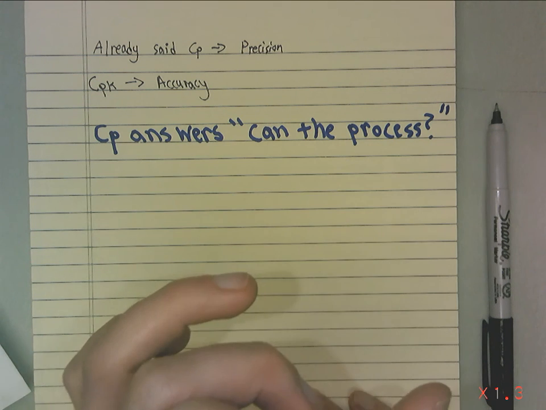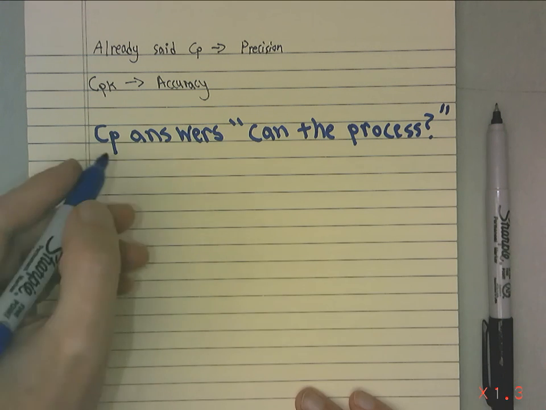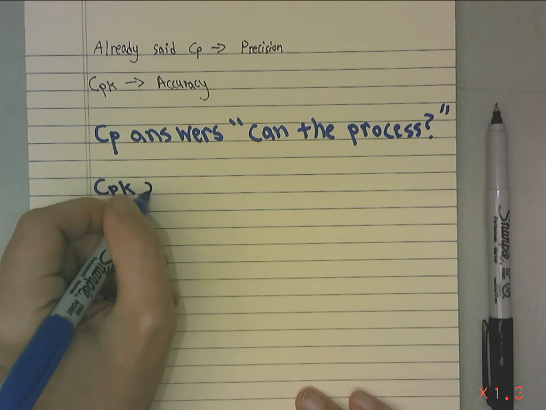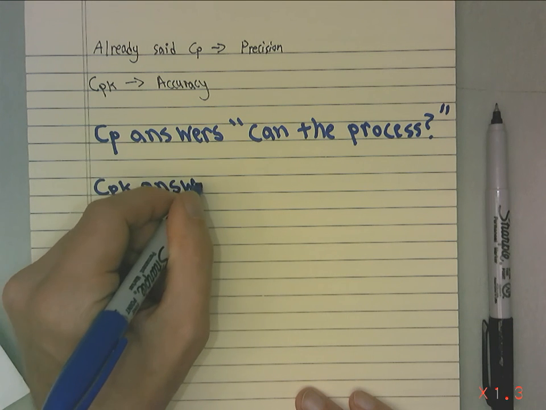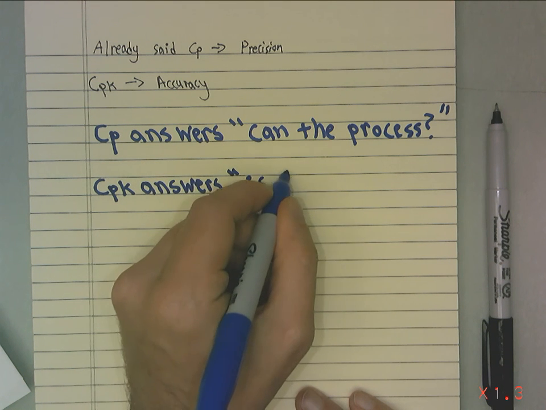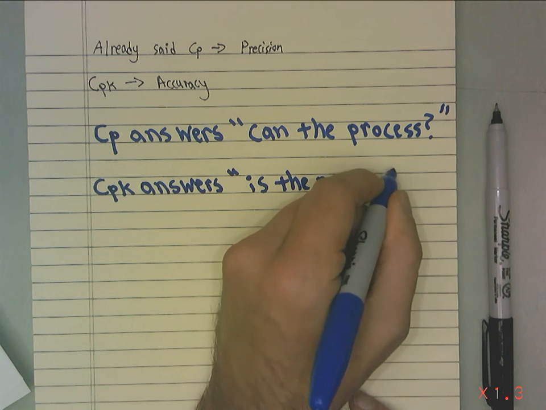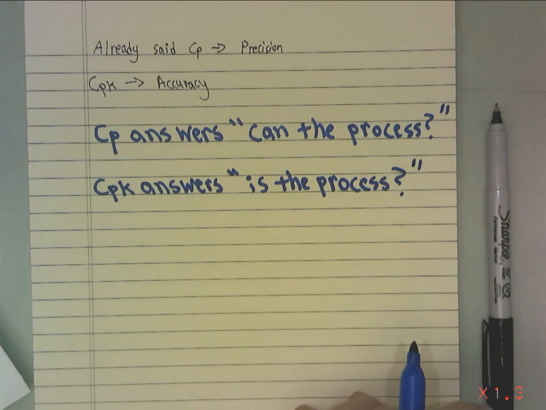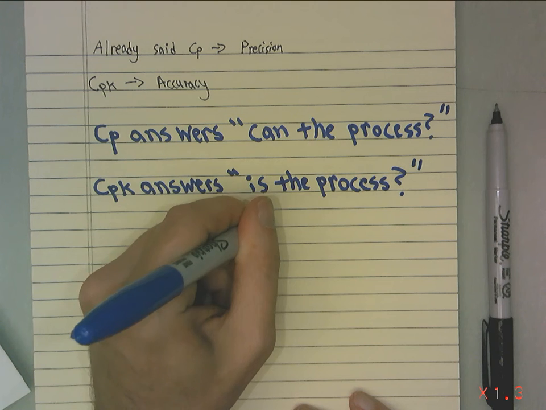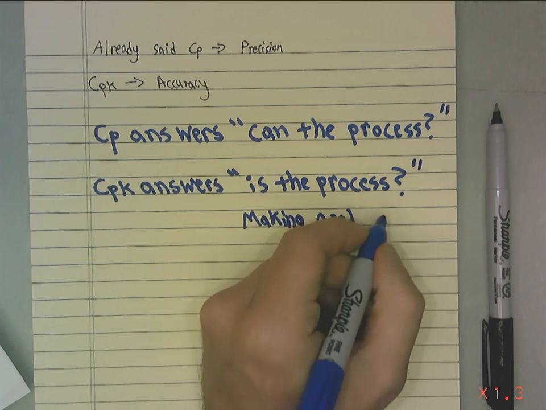So based off of our tolerance that we set, can the process. CPK really answers: is the process making good parts. Let me say products.